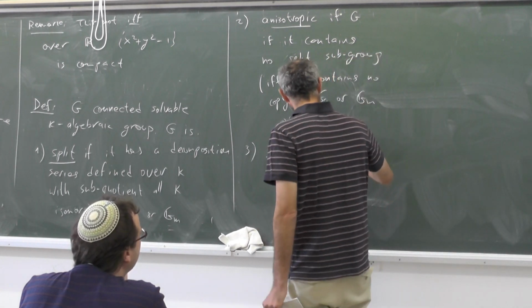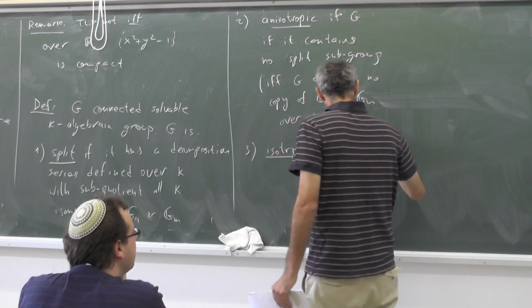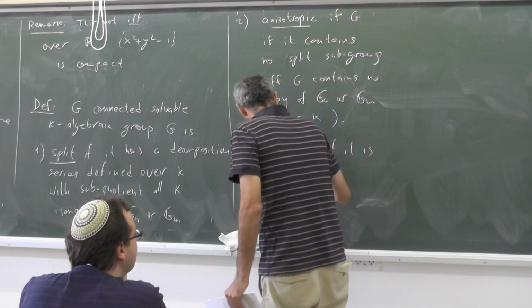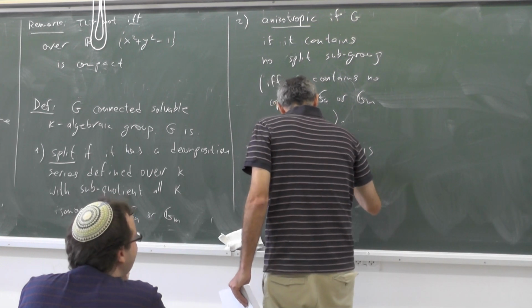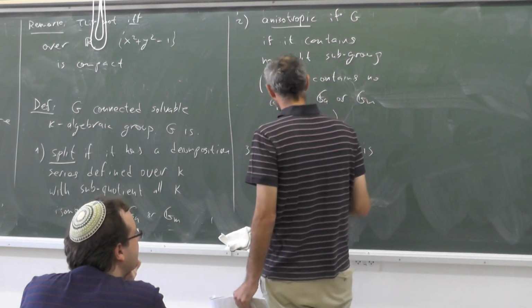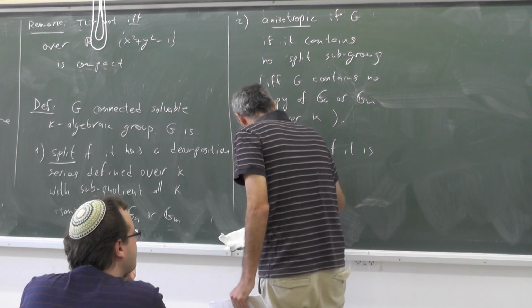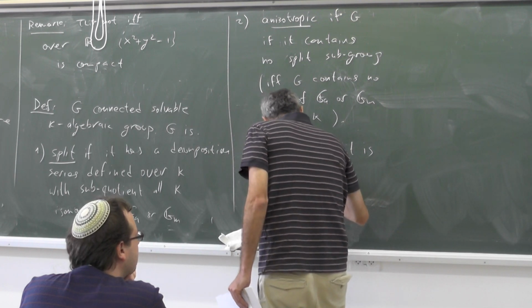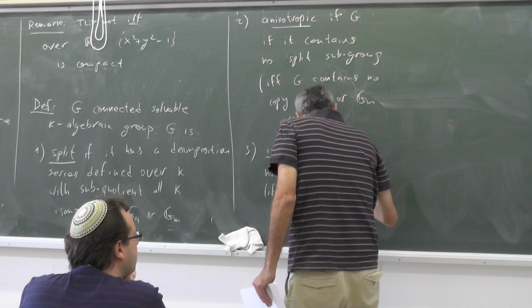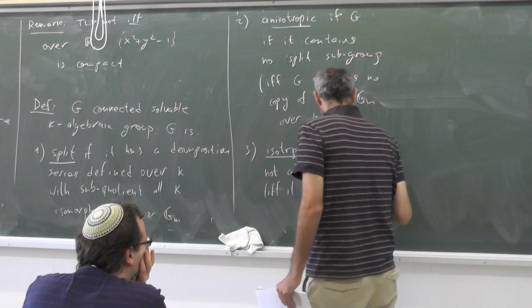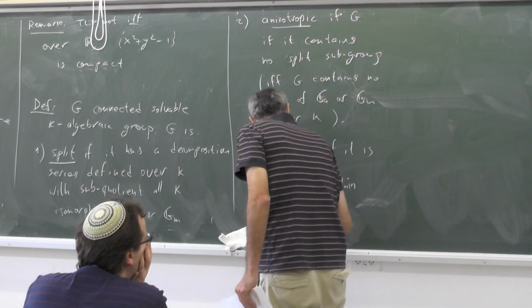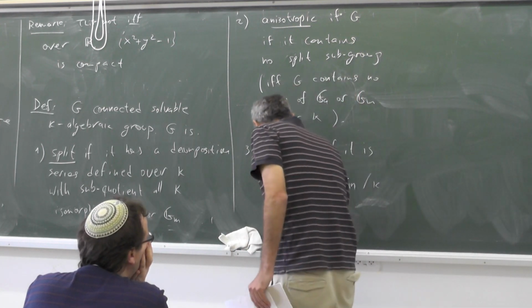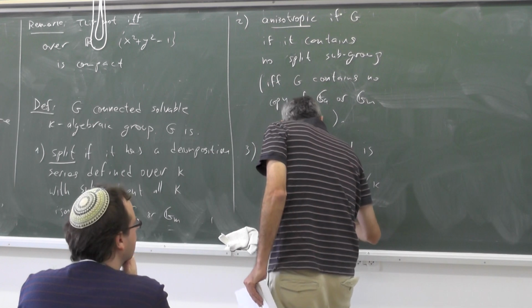G is isotropic if it is not anisotropic. It does contain, okay, G_a or G_m.